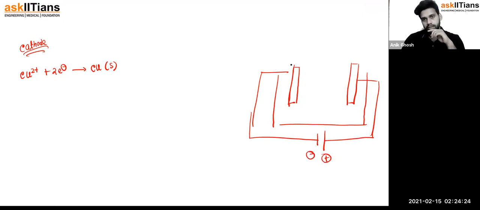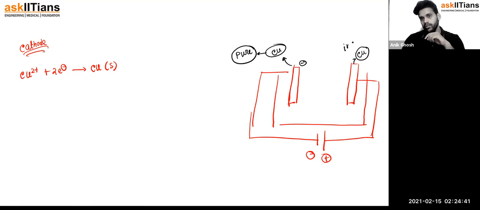So this is the cathode, made up of copper, which is completely pure, and this is also made up of copper but impure, the copper that you want to purify.